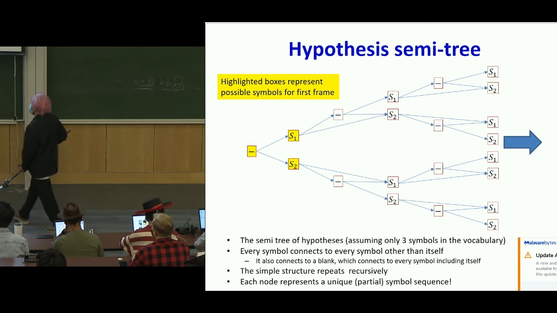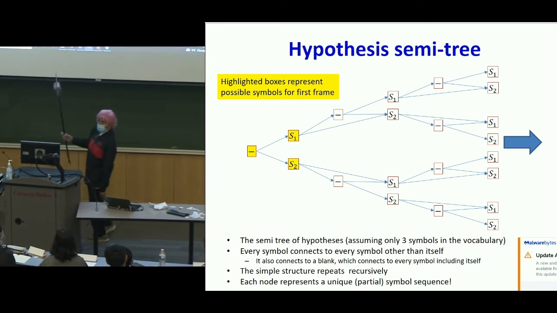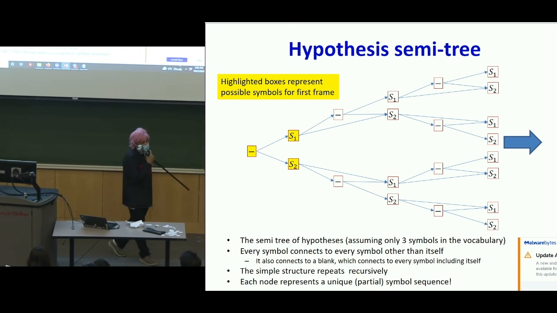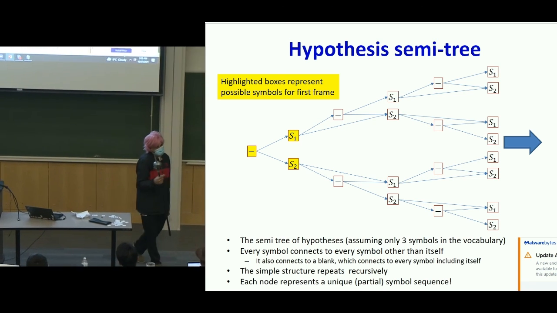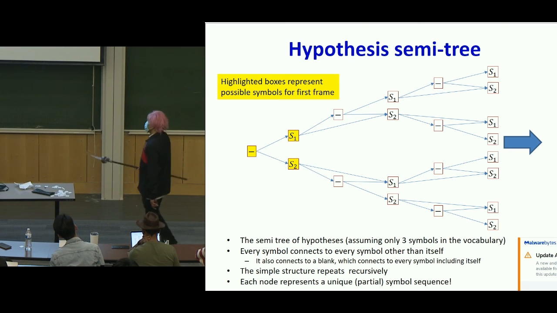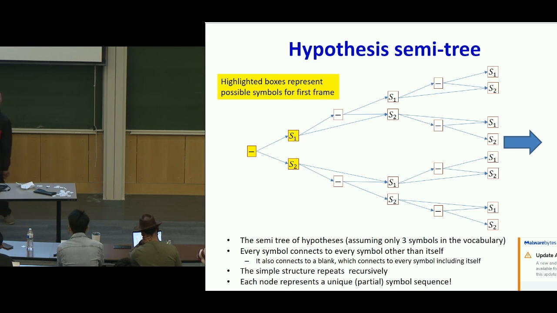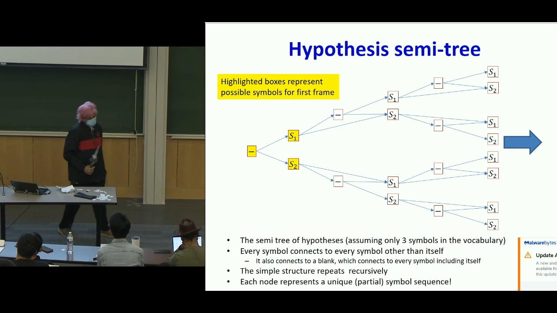So if you look at this portion of the graph starting from S1 up there, that little portion gives you every way of generating S1, S2 and S1, S1, right? Similarly, the lower portion of the graph over here shows every way of generating S2, S1 or S2, S2.